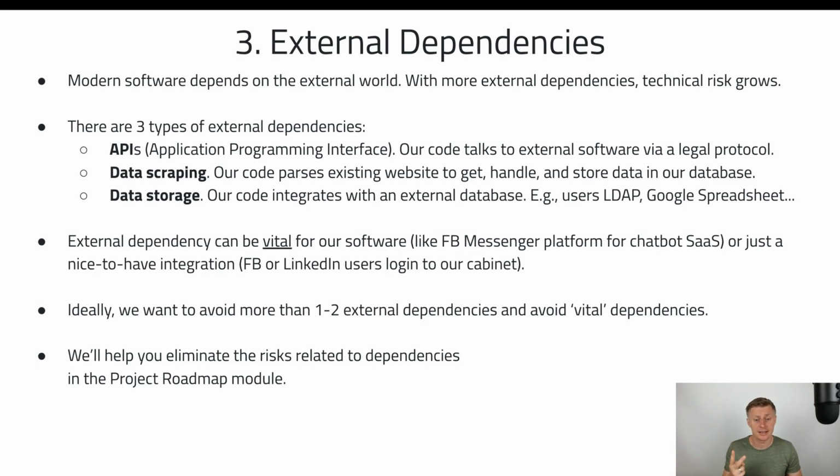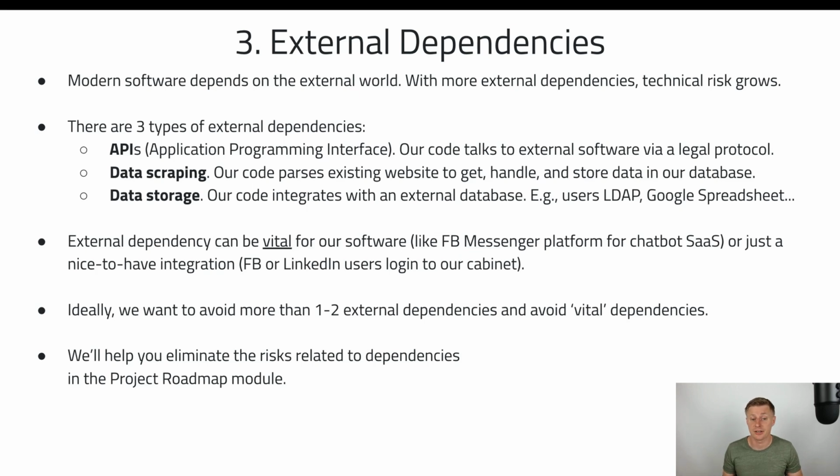Now you have a second kind of external dependency, data scraping, also known as HTML scraping. This one is pretty common in software startups. This is all about populating your product database with data from other existing public websites by scraping information from their web pages. It's usually in HTML format, which our software needs to parse and then save into our own database.